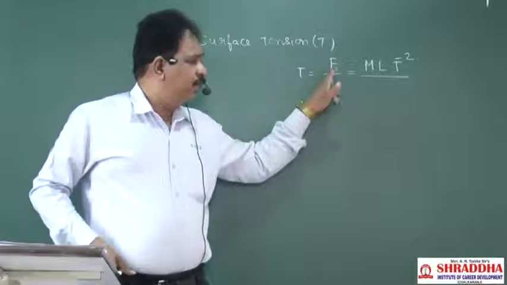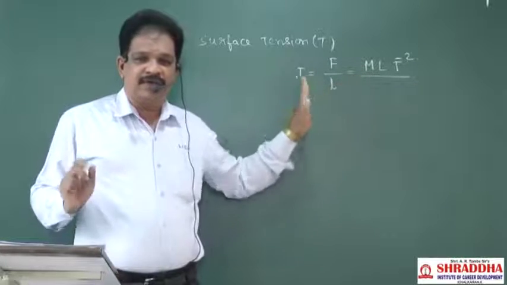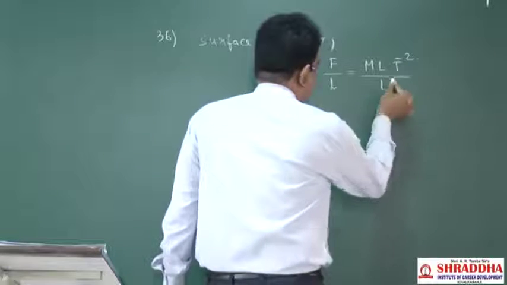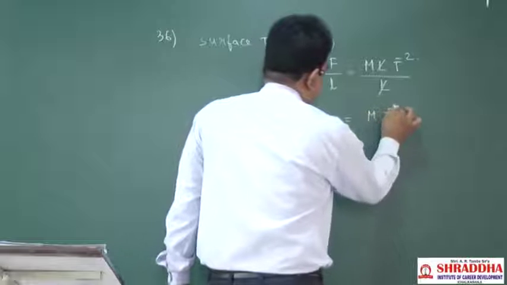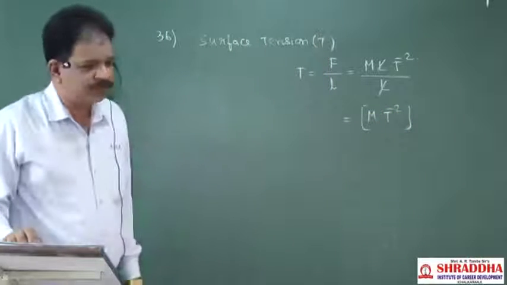You have to memorize force M L T power minus 2. Here length will be L, so L and L will cancel. So this value will be M T power minus 2.